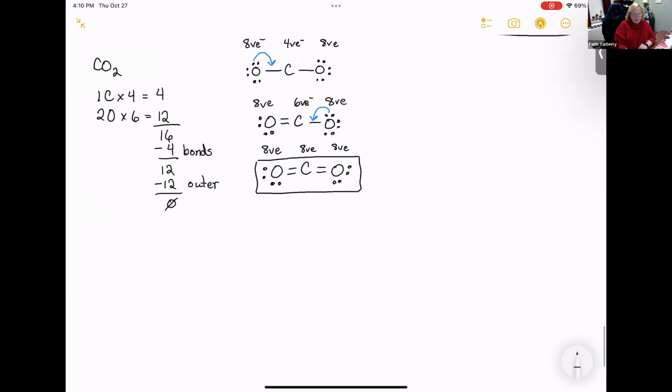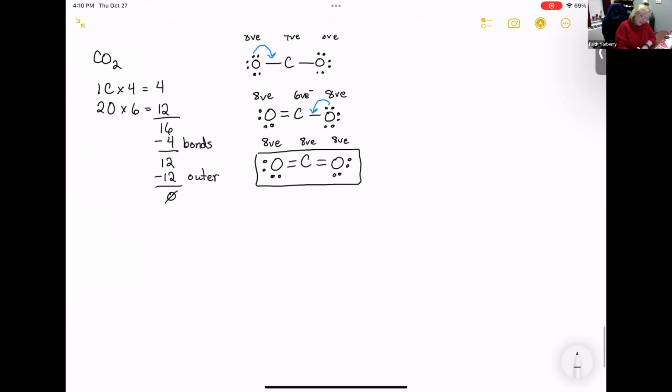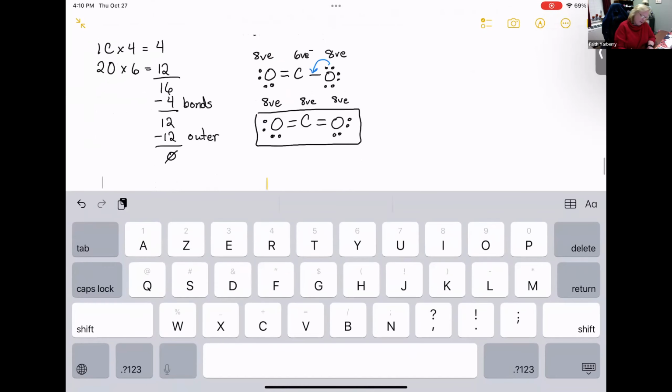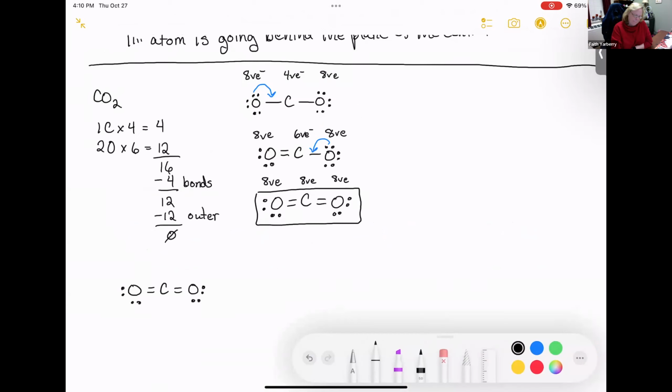Now, I'm going to move that Lewis structure down because I'm about to use it for the next part of this process. I mentioned earlier that I develop a notation that will help in determining a lot of the pieces of the puzzle.